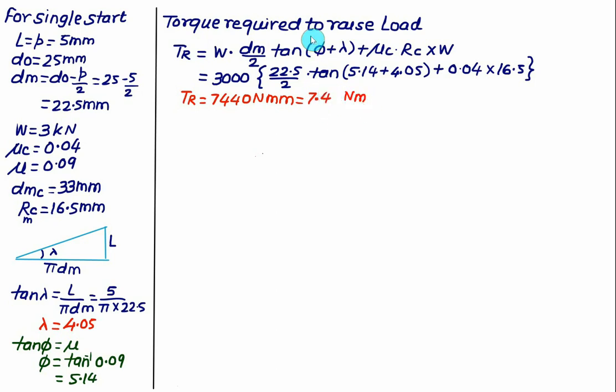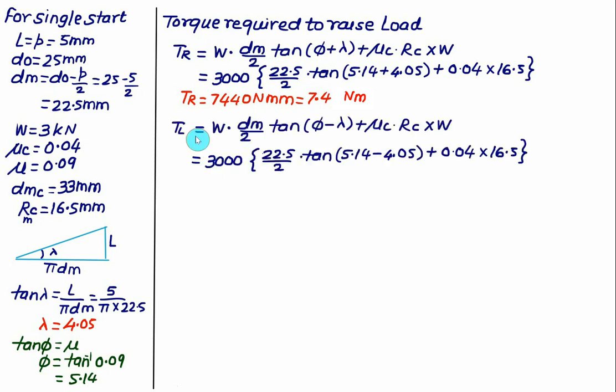Similarly, we can calculate the torque required to lower the load. Instead of phi plus lambda, it will be phi minus lambda. Rest everything remains the same. So we have torque required to lower the load as W into dm by 2 into tan of phi minus lambda, plus mu c into rc into W. W again taken common, dm is 22.5 divided by 2, phi is 5.14, lambda equal to 4.05, mu c equal to 0.04, rc equal to 16.5.